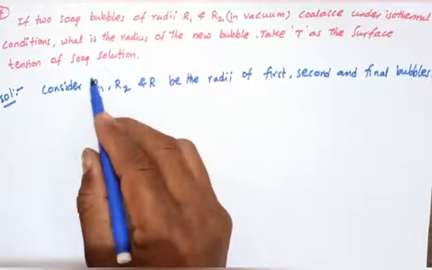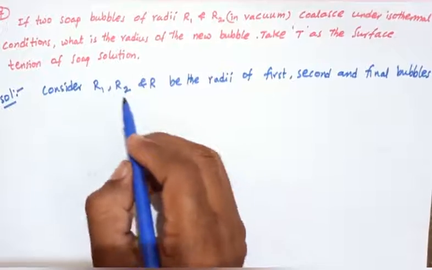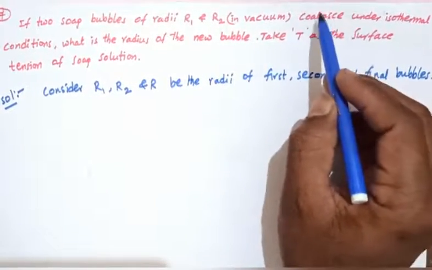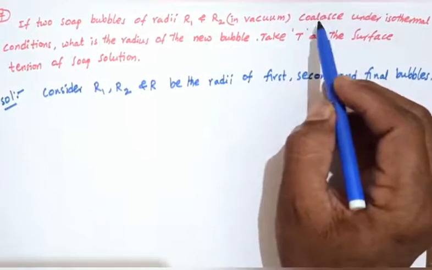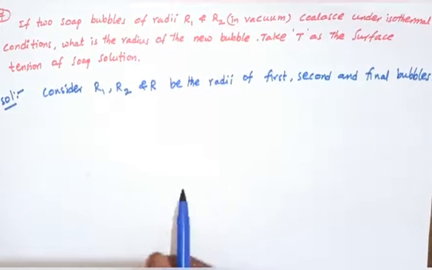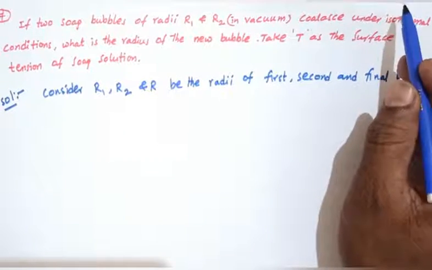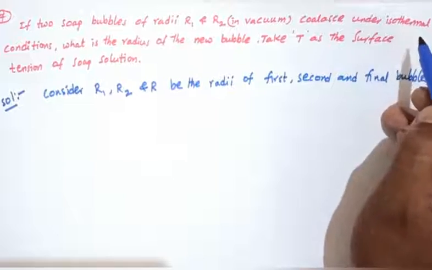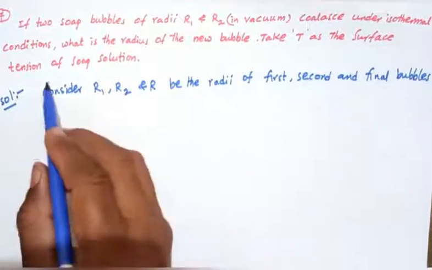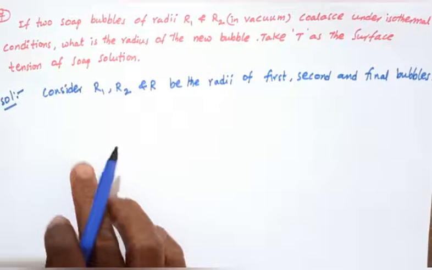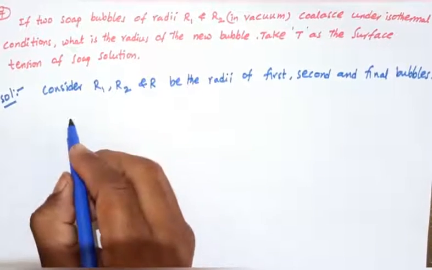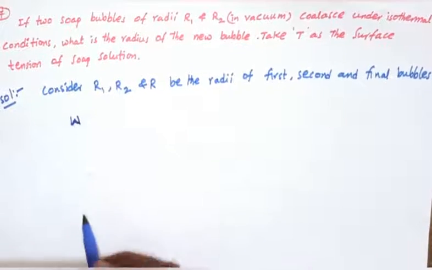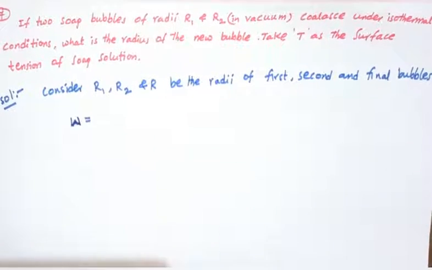Okay, the first bubble radius is R1, the second bubble radius is R2. We can combine them. Coalesce is nothing but combining. Under an isothermal process, temperature will be constant here. Take T as the surface tension of the soap solution. So first of all, the work done W, we know that work done or energy.